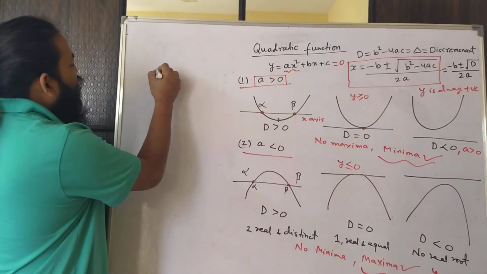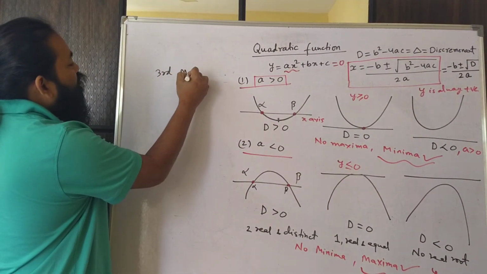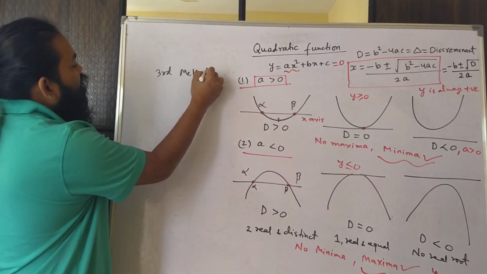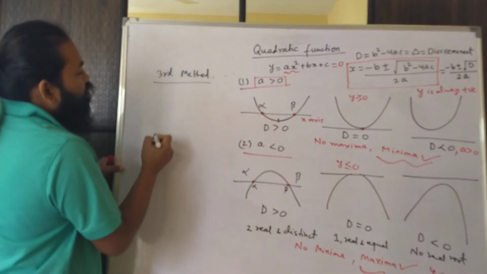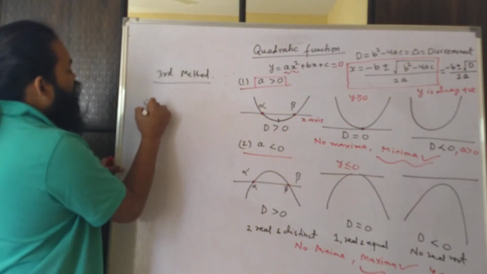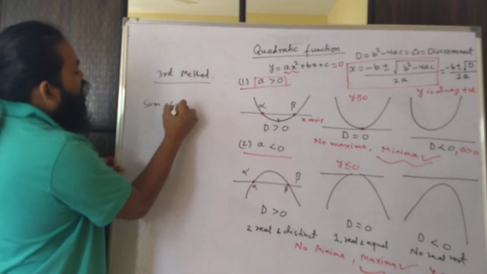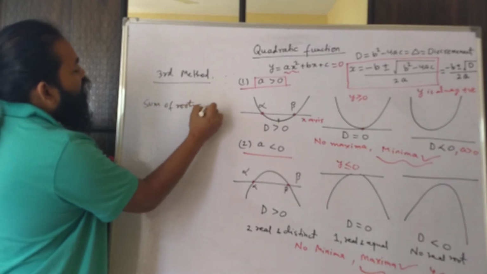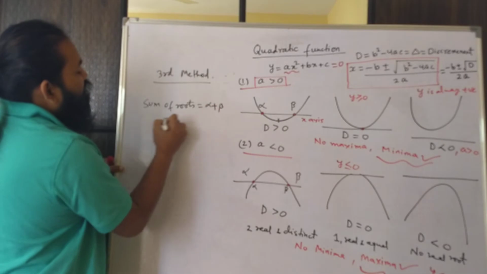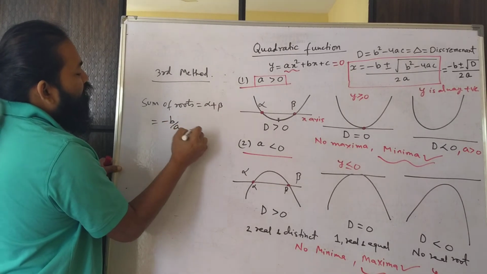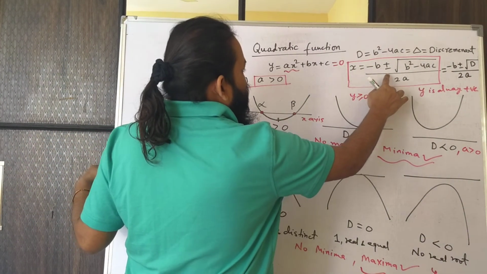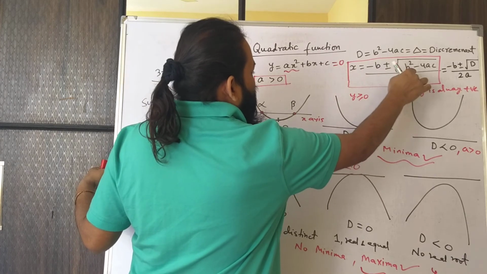So I am calling it the third method, and I don't think you will find it anyway. So it's a very nice way to understand. So I know that sum of roots is what? Alpha plus beta. Sum of roots is minus b by a. So these are our roots, right? Minus b plus this by 2a, minus b minus this by 2a.